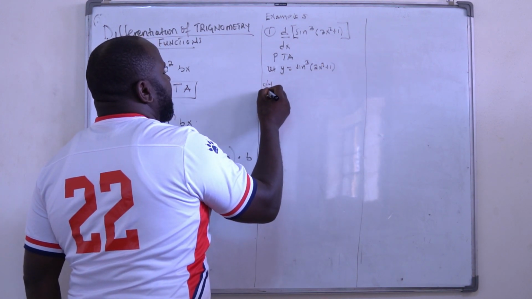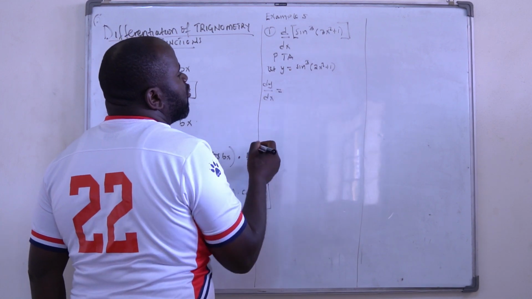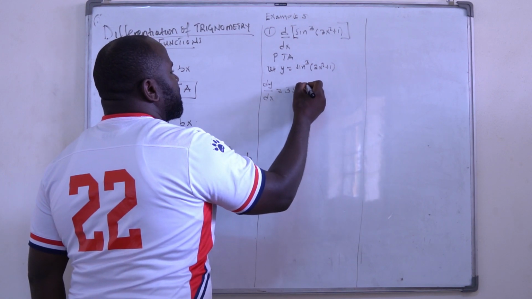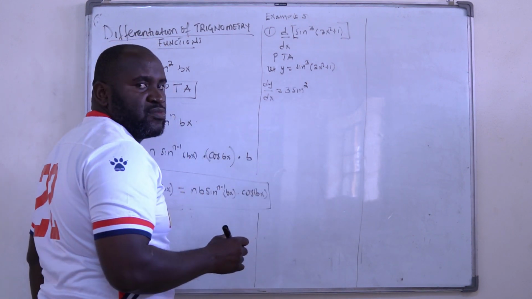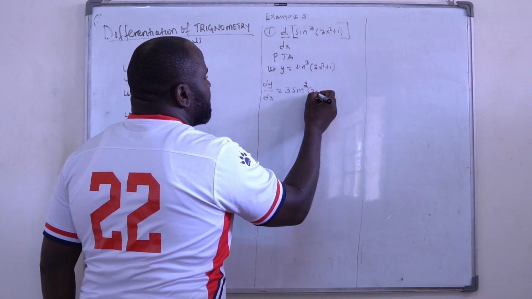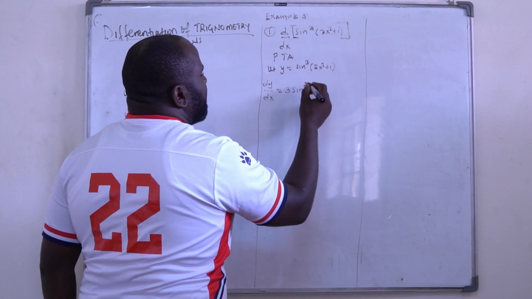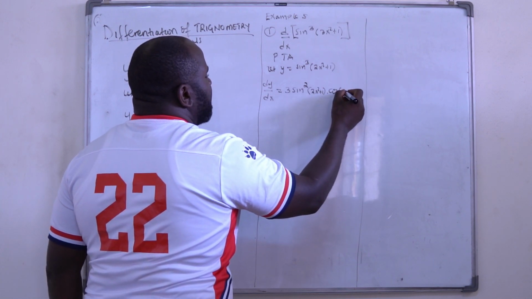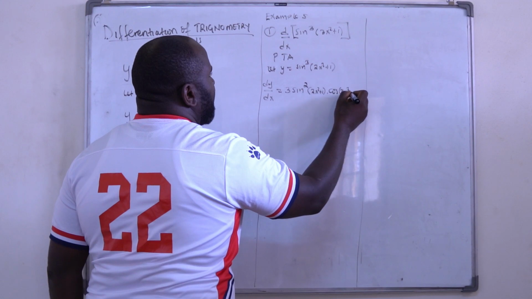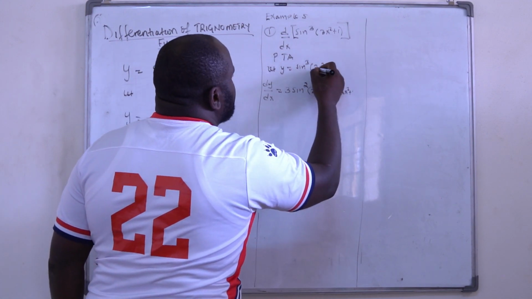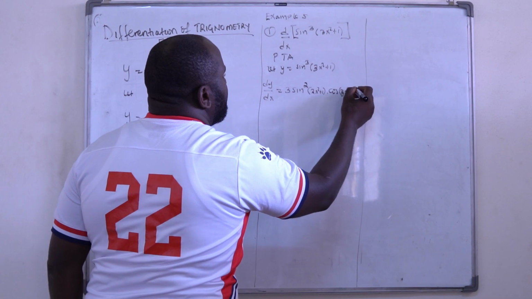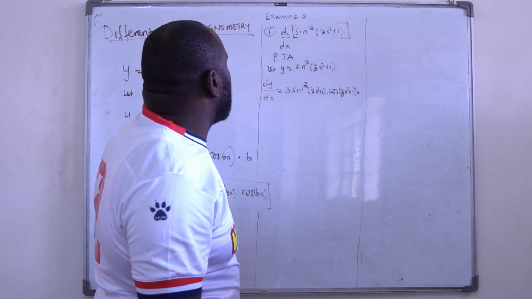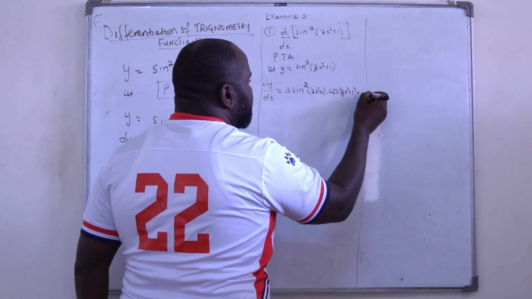So that dy dx is going to be equal to, first differentiate the power, you get 3. Sine, the power reduces by 1, which becomes a 2. The angle is still the same, which is 3x squared plus 1. Times the derivative of the trig function, you get cos when you differentiate sine, of the same angle, 3x squared plus 1. Then lastly, you differentiate the angle. When I differentiate 3x squared, the answer is going to be 6x.